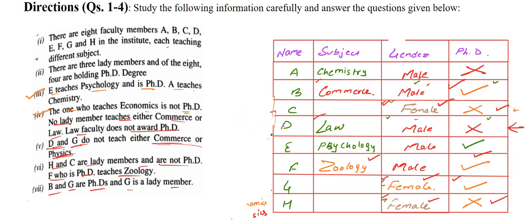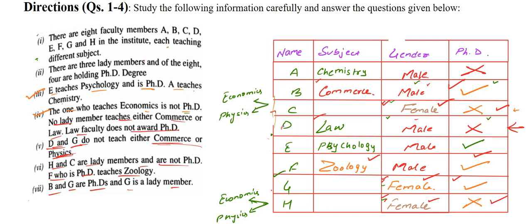We have two options for C and H, and those are economics or physics for C, and the same both options are available for H, economics and physics, and we don't know any subject G can teach. So this is all the data we have got from the question.